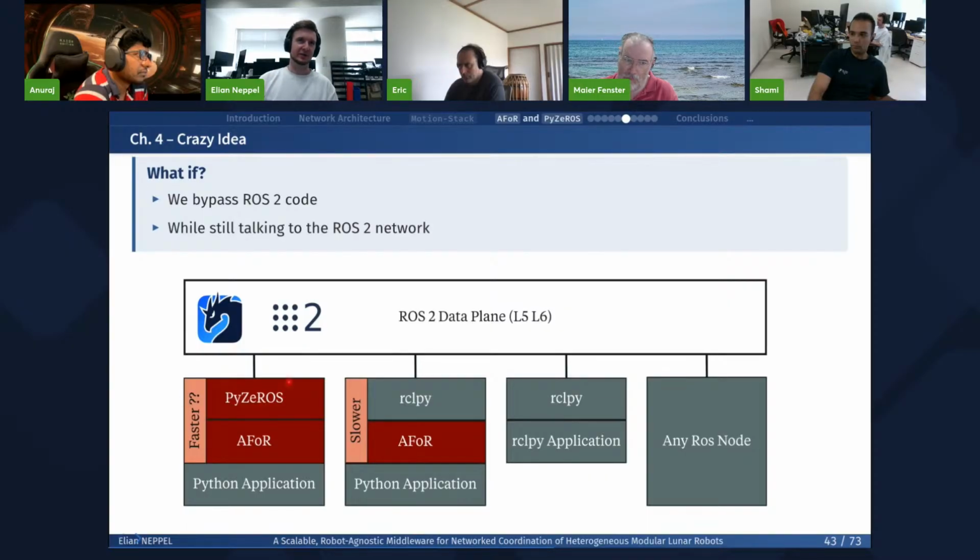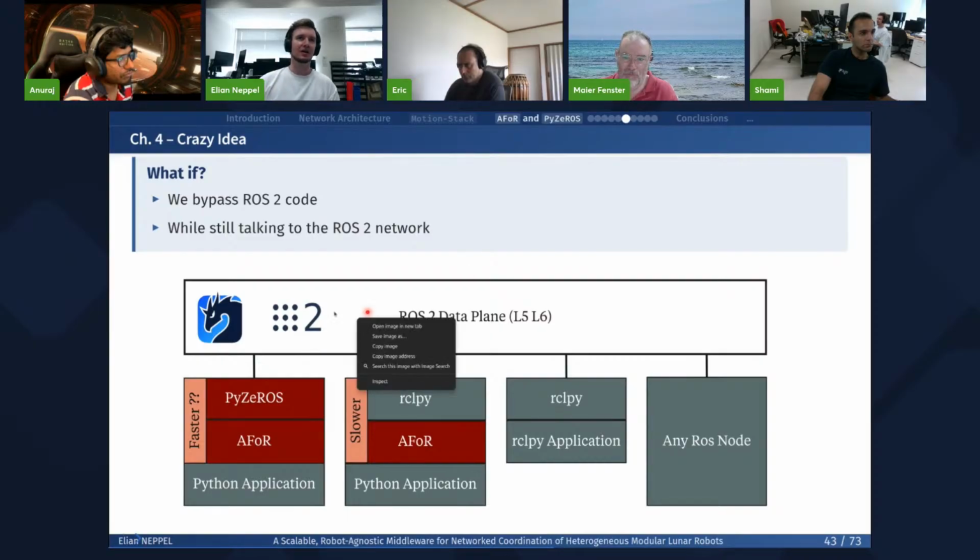And this is why I created what I called PyZeros, that stands for Python Zenoh ROS, quite a simple name. And with PyZeros, you can replace rclpy, but still send data onto the ROS data plane and communicate with any other ROS node. So we can still use all of our ROS applications that we already developed. It's just that our new applications can switch to PyZeros that is more performant and also use A4 for the asynchronous scheduler.